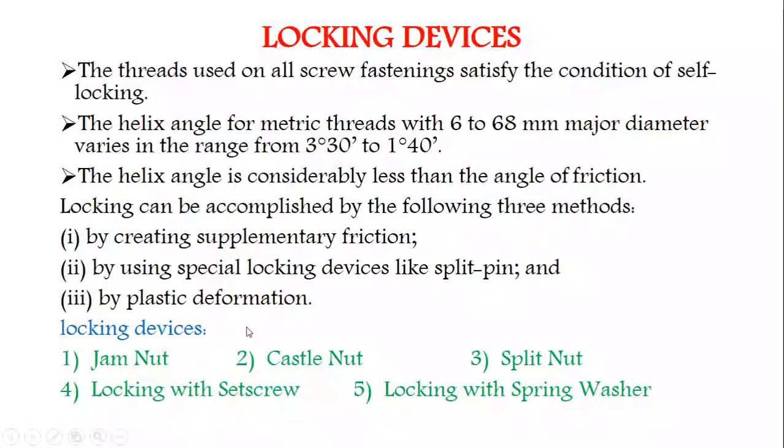A large number of locking devices are available in practice. Only some of them are described in this video: jam nut, castle nut, split nut, locking with set screws, and locking with spring washer. These five locking devices are discussed in this video.